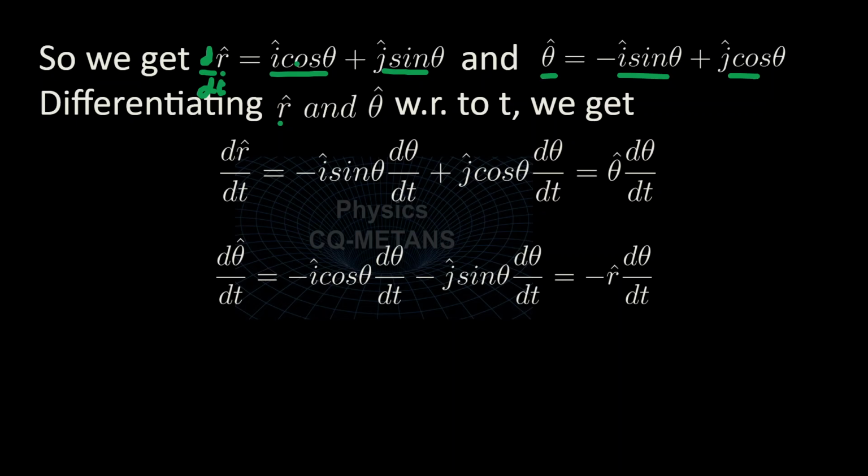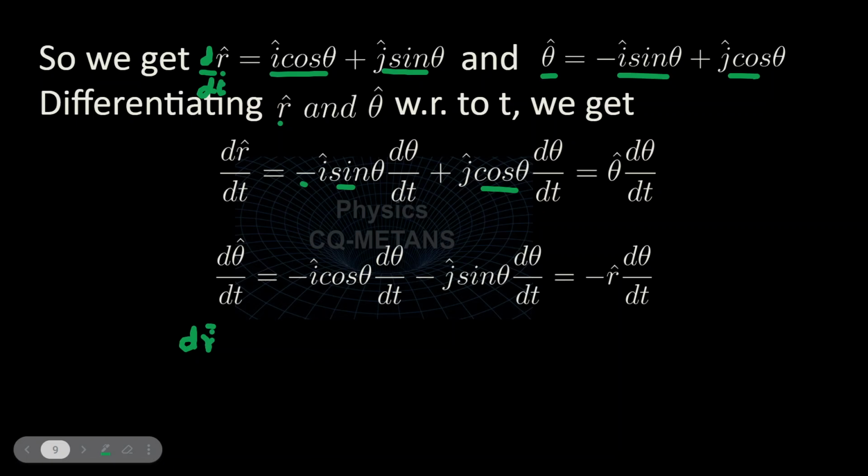So only cos theta. Differentiation of cos theta is minus sin theta, and differentiation of theta with respect to time is d theta by dt. Similarly, differentiation of sin theta is cos theta, and the theta dependence on time comes over here.